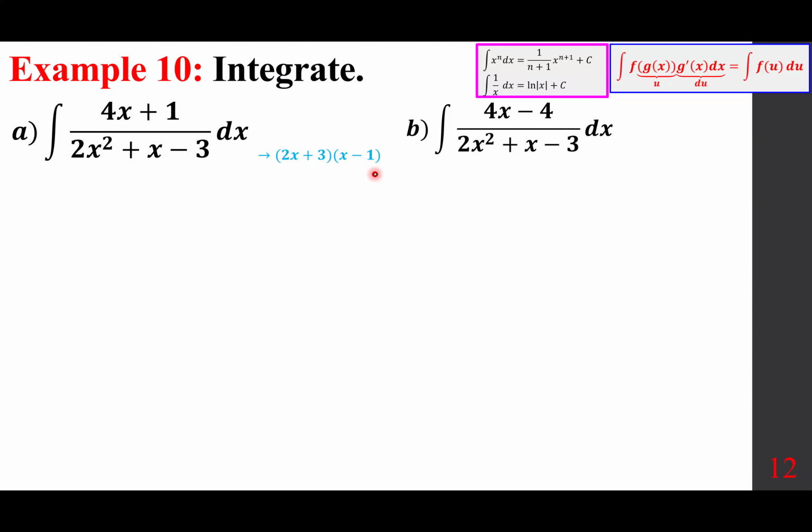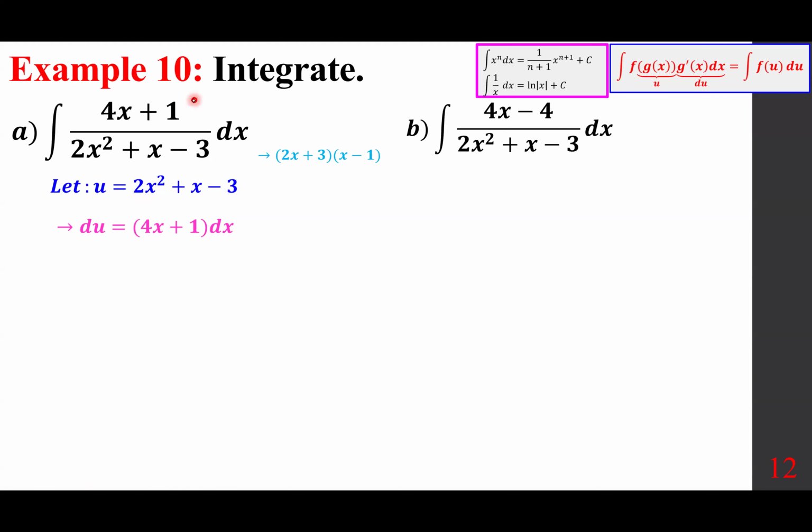However, this one doesn't simplify. So I'm going to put the dx at top. There is nothing to do here. The denominator is the choice of u. The derivative is 4x plus 1, which makes du 4x plus 1 times dx.